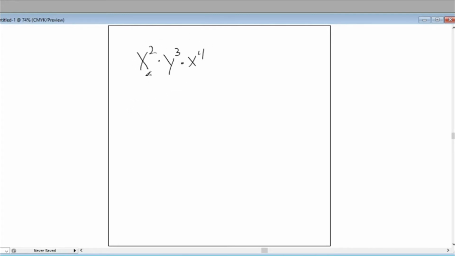We just want to have the x's go with the x's. We can't really combine them with the y's here. It's not really going to add with their exponents. What we'll say is we have x to the second and x to the fourth, and together we add their exponents. So 4 and 2 is going to get me x to the sixth.